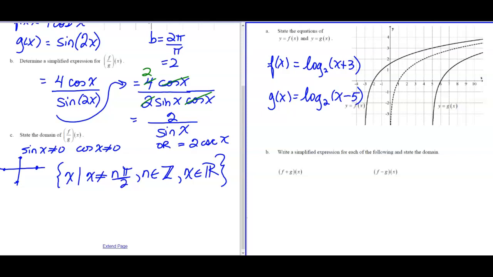Okay, so now we can add functions together. When you add these together, you want to simplify them. You can look on your formula sheet if you can't remember. But when you're adding logs with the same base, you multiply the arguments together. And it says in simplified form, so expand those out.